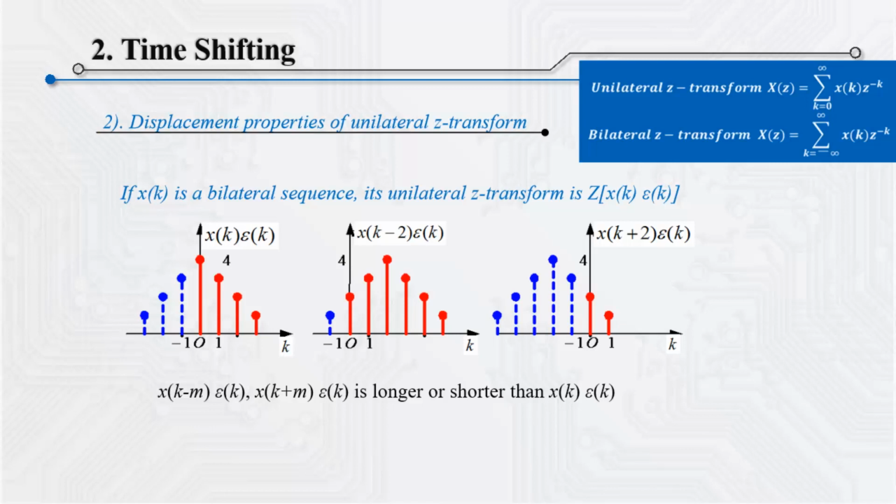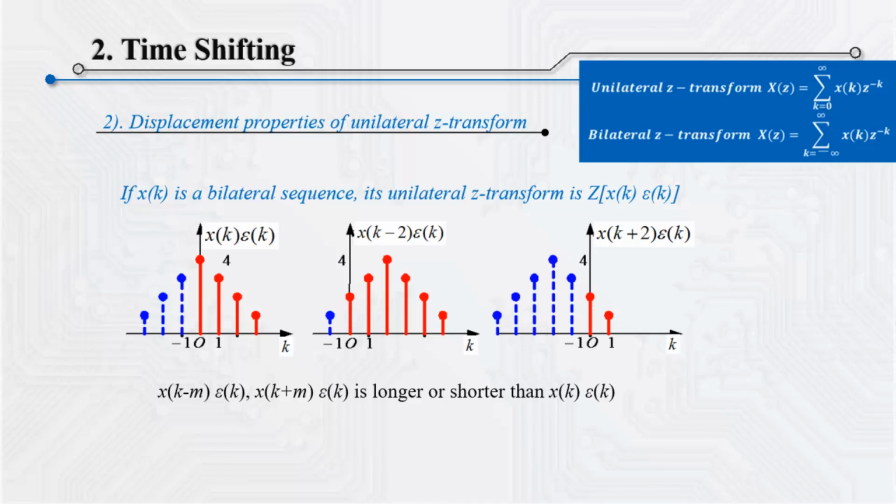It is shown by the picture. Everyone can see clearly. When seeking the unilateral Z transformation of the original sequence, it starts from 0 to infinity. Then the amount involved in the operation shown in the figure is the red value.